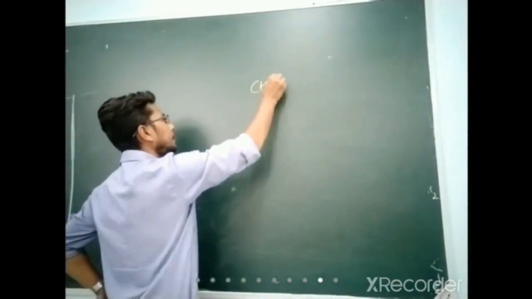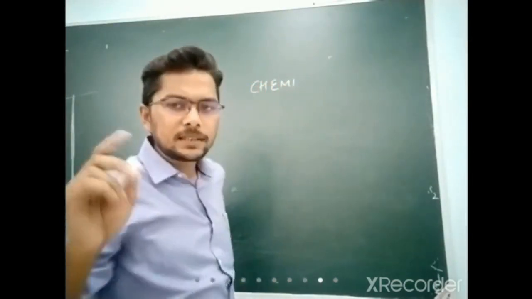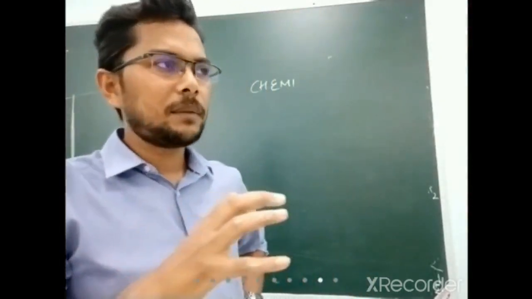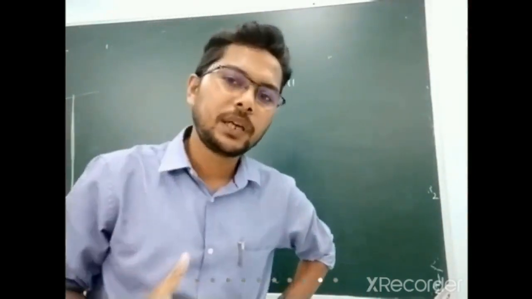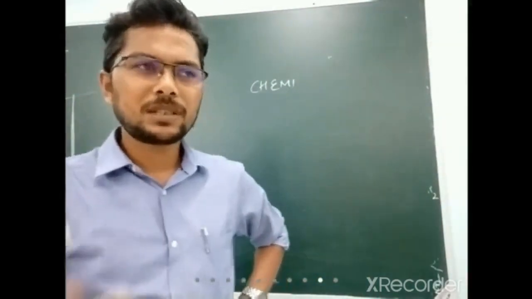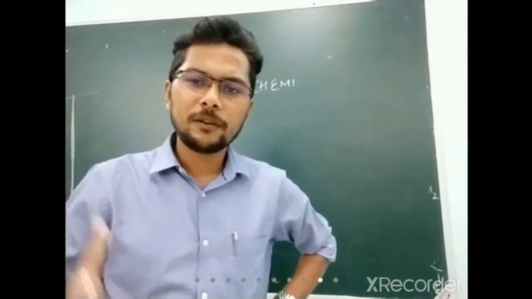I will again discuss coupling constant a little bit later, once I discuss the chemical shift values, or once you are acquainted with the chemical shift values. Then we'll discuss more about coupling constant, because if I discuss that now, it will be difficult for you to digest.